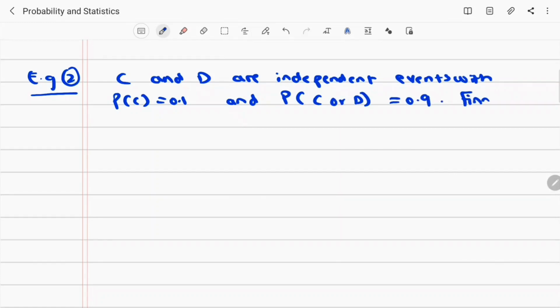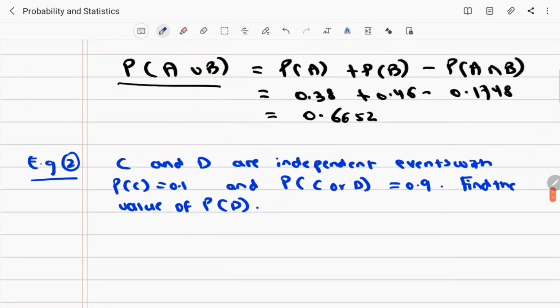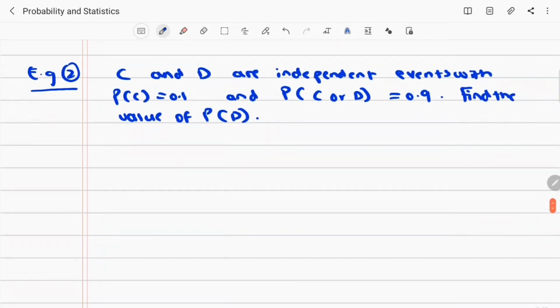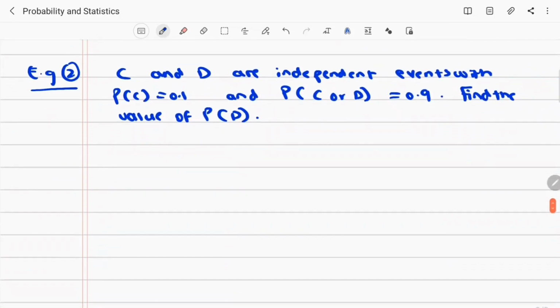Now find the value of the probability of D happening. We know that they are independent events, right? So first, we will write our equation.